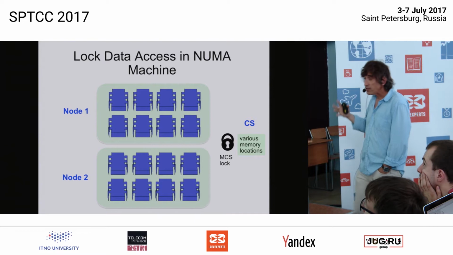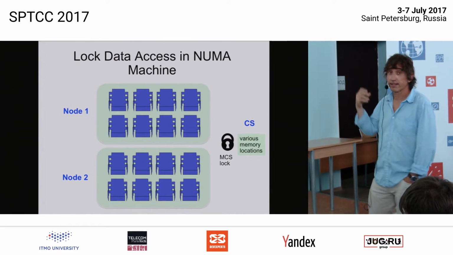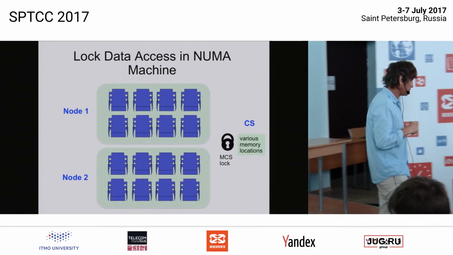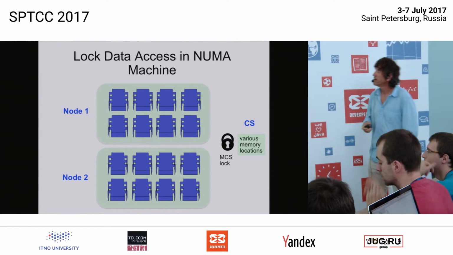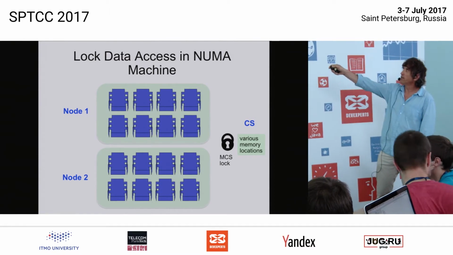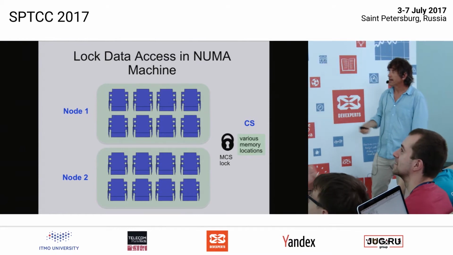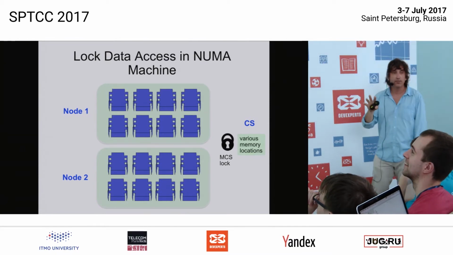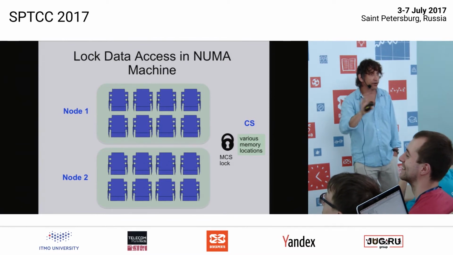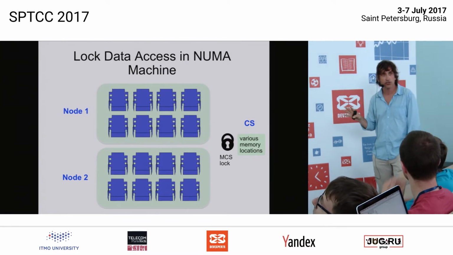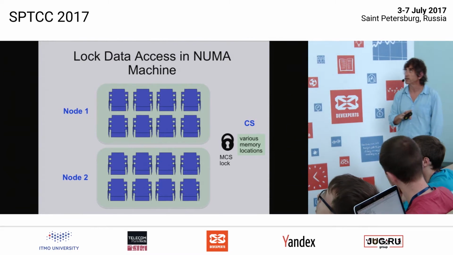So imagine that I have a constellation of this form. I have two nodes, and this could be cache coherent, it could be not cache coherent. I'm not even dealing with the issue of whether this is a cache coherent machine or not.